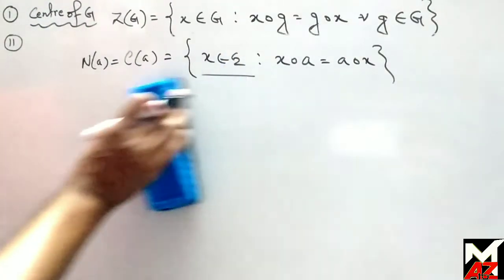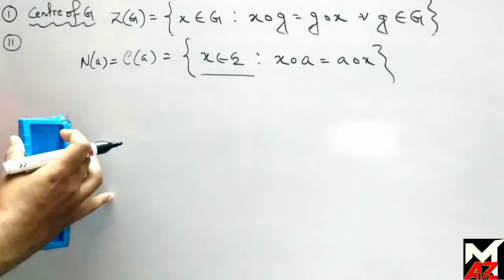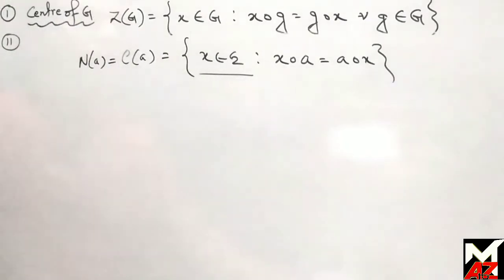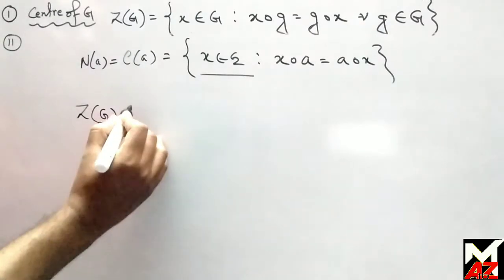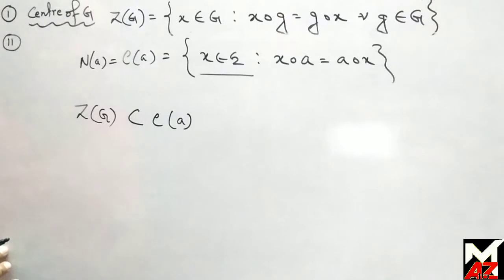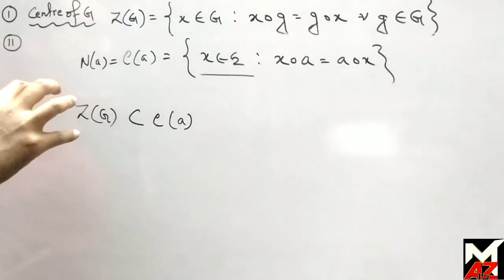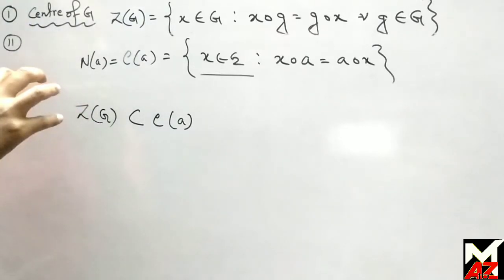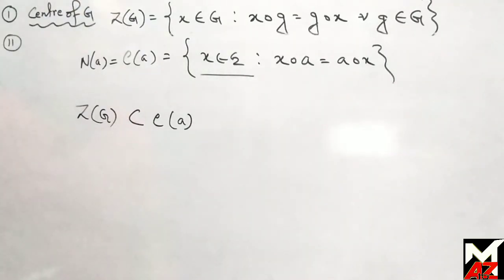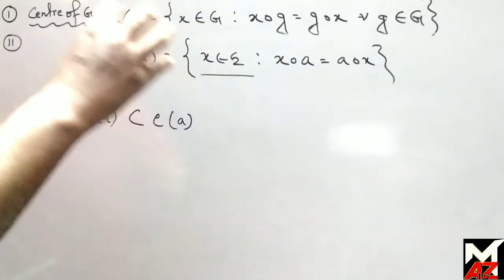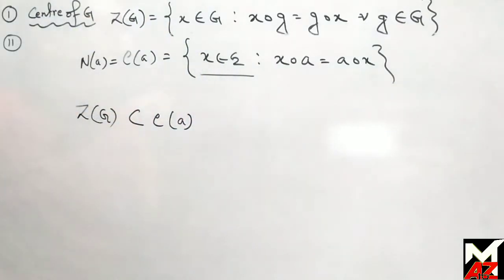Clearly from the definition of centralizer and center of the group, it is obvious that Z of G is a subset of C of A, because in Z of G, those elements belong to Z of G which commute with every element of G. But in this subset, the elements belonging to C of A commute only with any particular element A. So obviously C of A contains more points than Z of G, right?